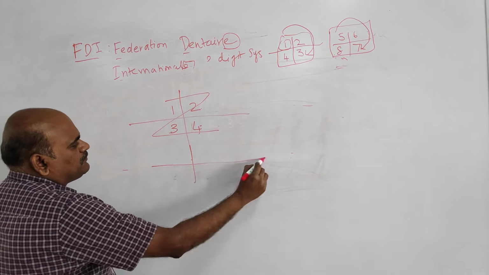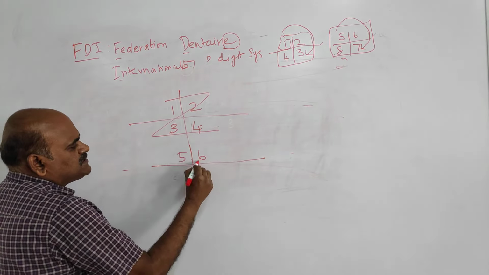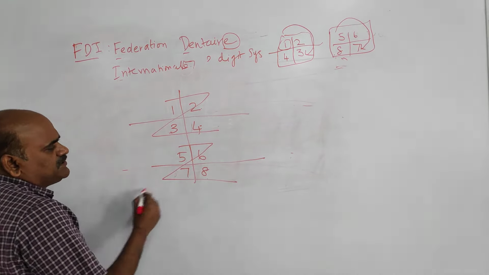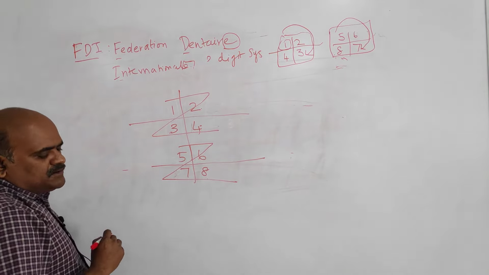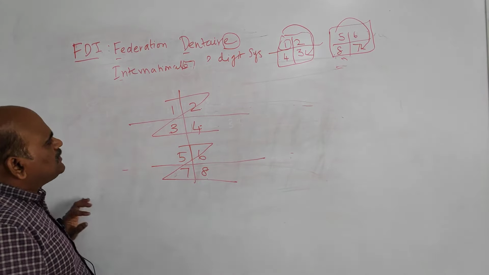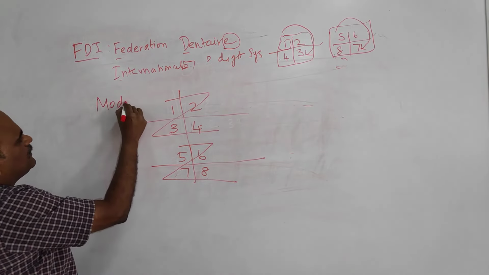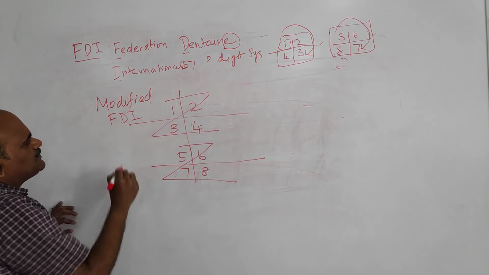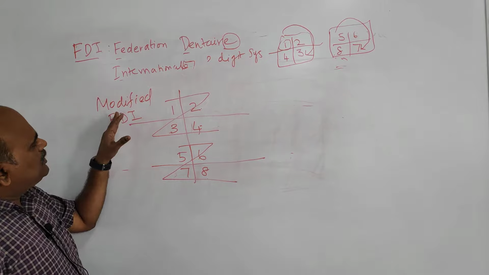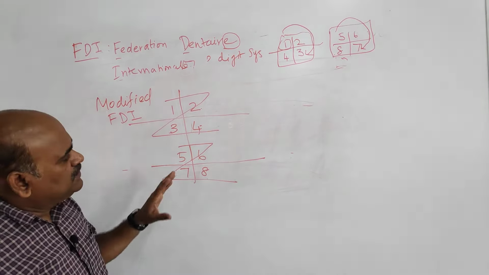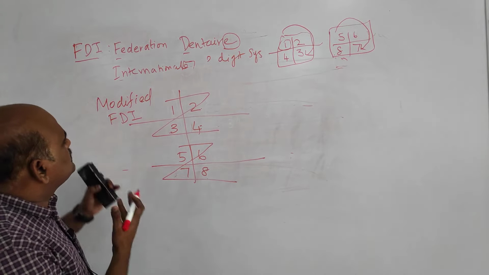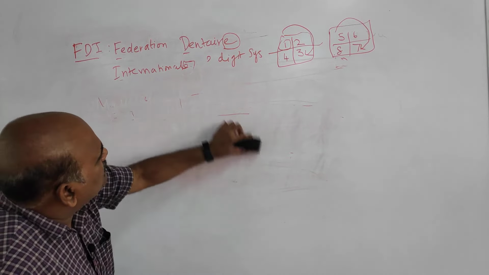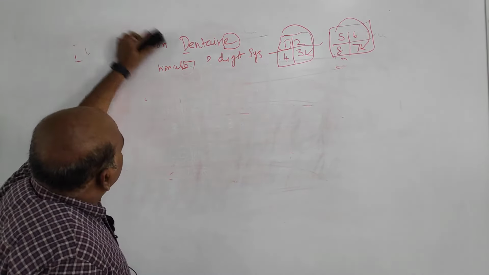Whereas for temporary teeth, 5, 6, 7, 8, again in the zigzag fashion instead of clockwise fashion. It is a misnomer, that is, modified FDI. It is a misnomer and there is no such system in the world. Since in some of the books this modified FDI has been mentioned, you must know this. The examiner sometimes may ask this also: what is modified FDI and what is the difference between FDI and this one.